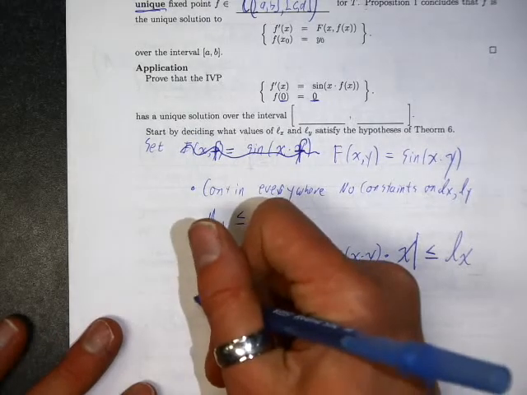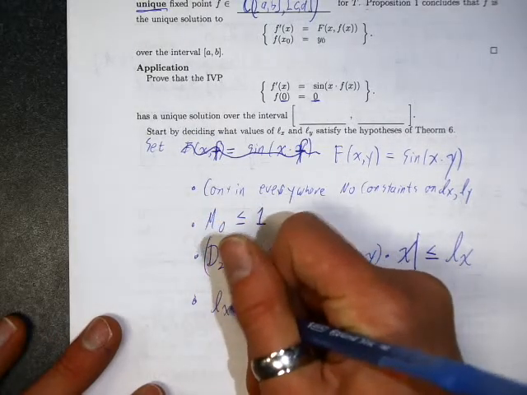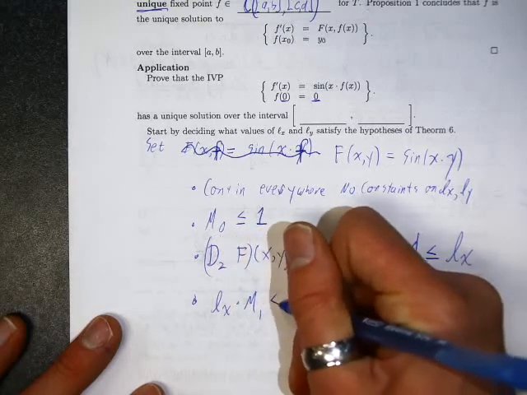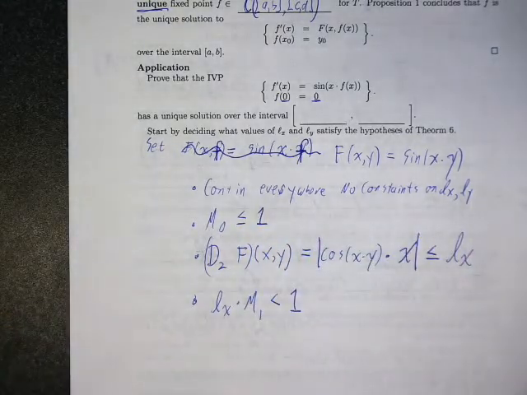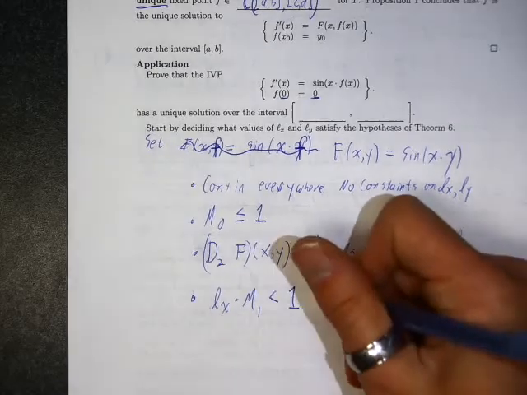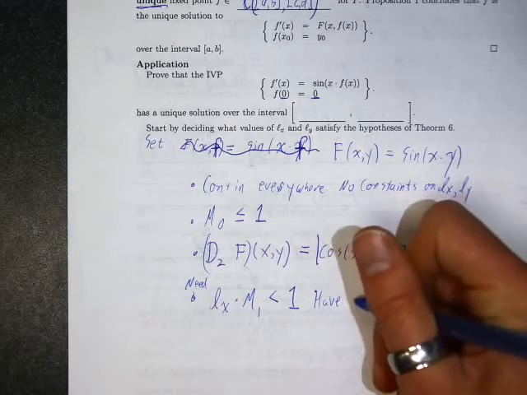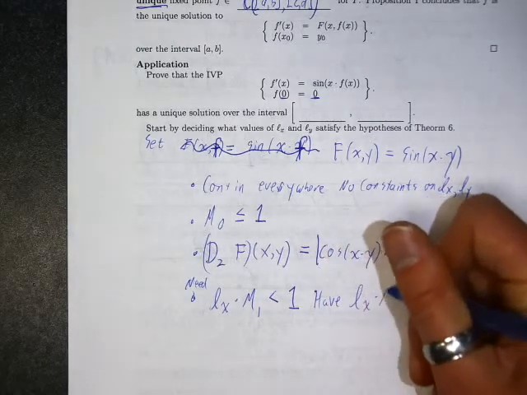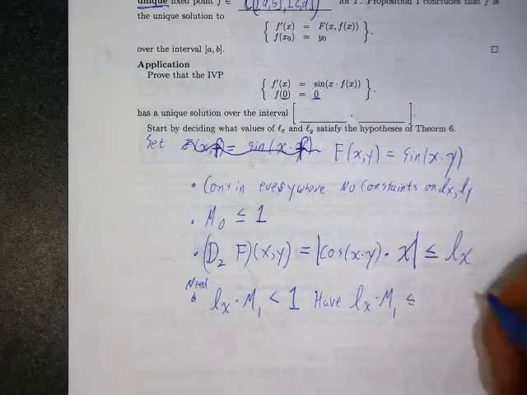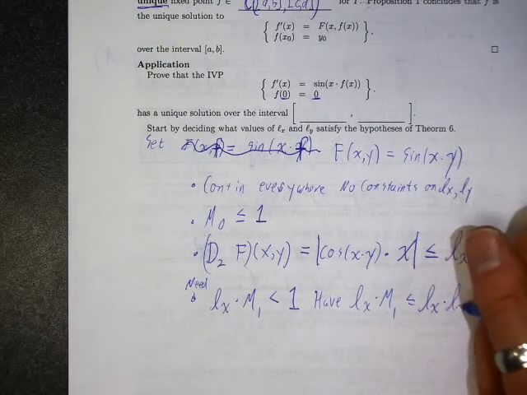The fourth condition I need is that Lx times M1 be less than 1. So again, I can get some actual restrictions out of that. What's the upper bound I have on M1 right now? This is something that I'll need. Right now I have Lx times M1 is less than or equal to Lx times Lx.